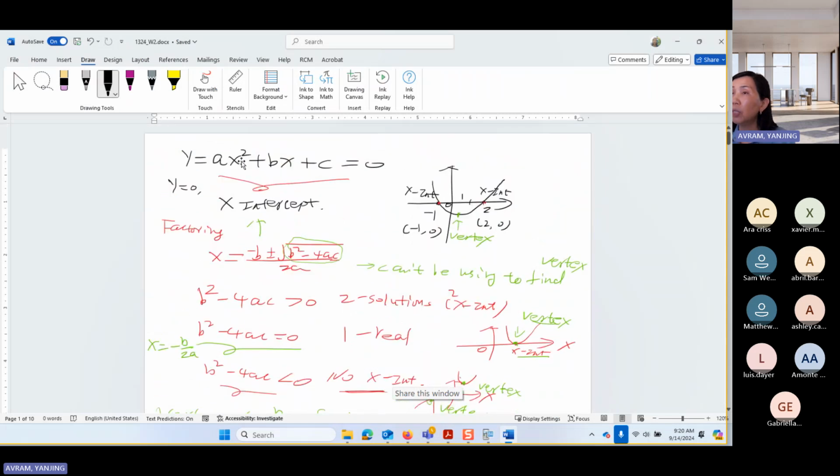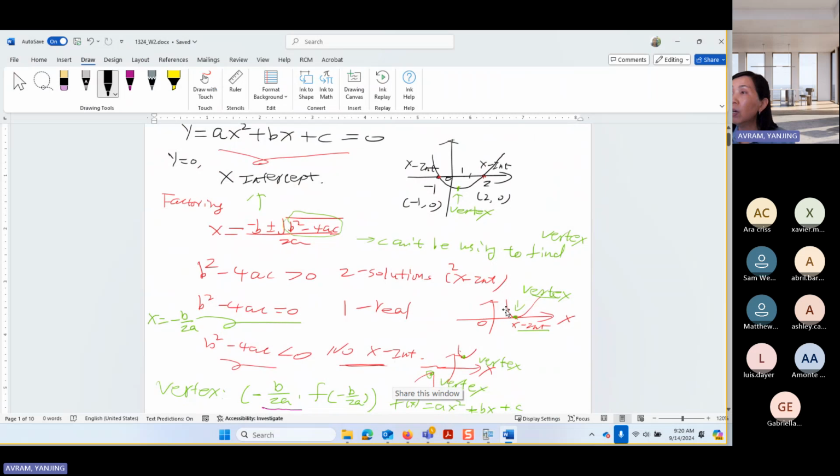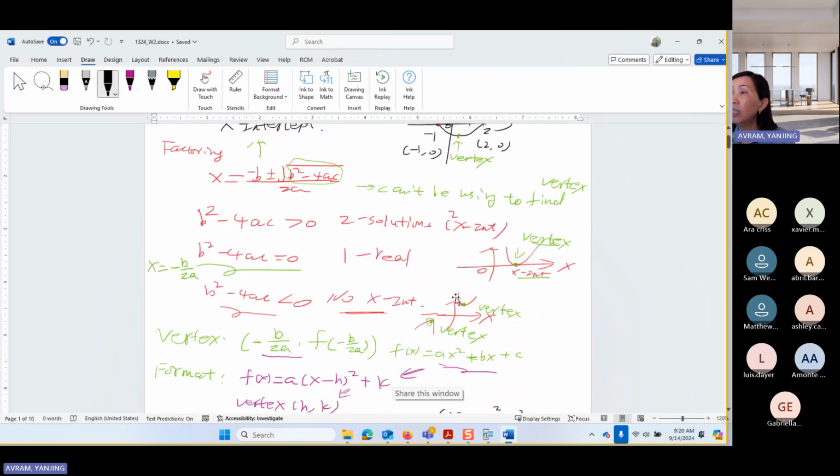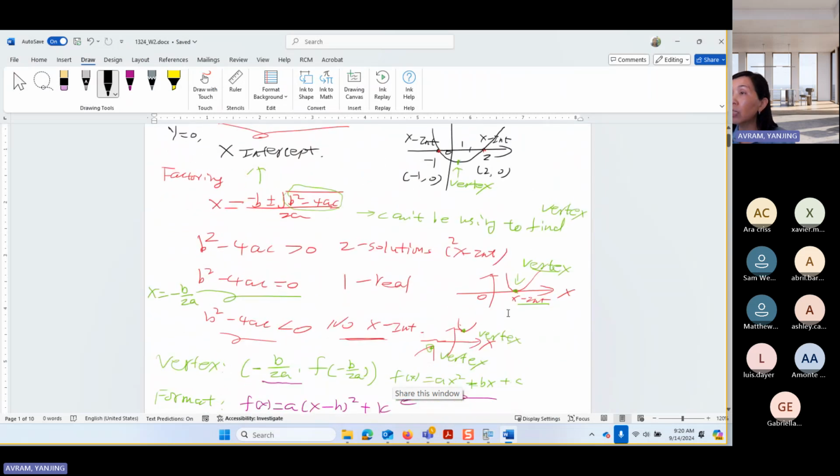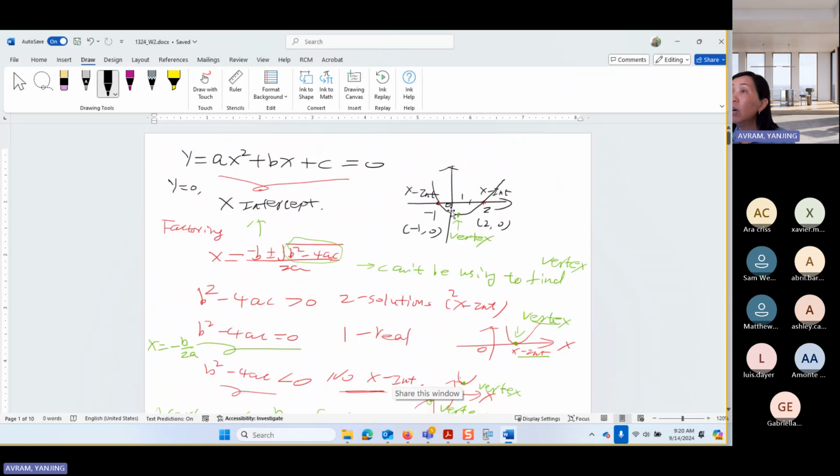This quadratic is of degree 2, right? The most x-intercepts I have here will be 2. I can have 2 x-intercepts, or in this case, only 1 x-intercept, and in this case, 0 x-intercepts. So for this quadratic, I can have 0, 1, or 2. 2 is the most, okay?